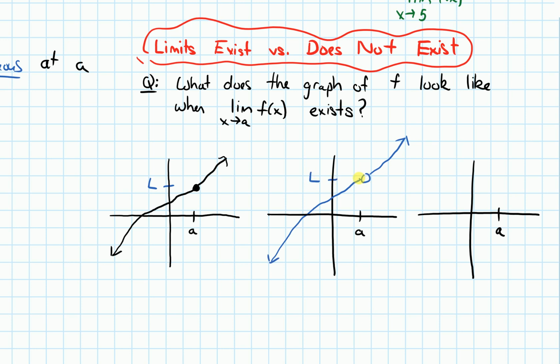Even though this graph is discontinuous at a, the limit will still exist, because the left-handed limit and the right-handed limit are the same. They both equal L. When we talk about limits, we don't care what's happening at that exact point. We just care about what's happening close to that point. So it's totally fine for there to be a hole there.